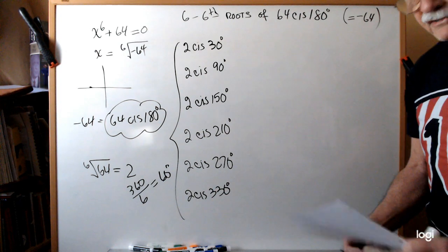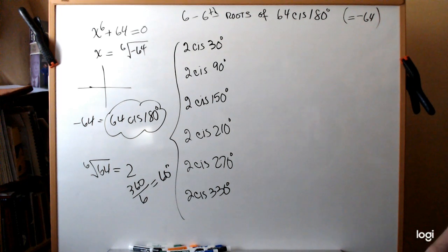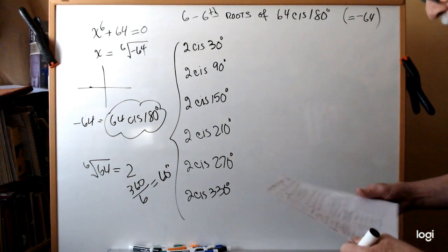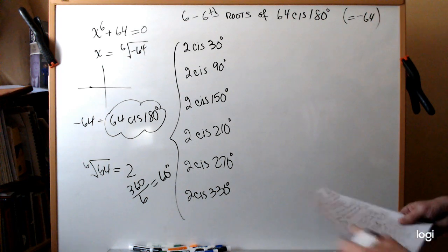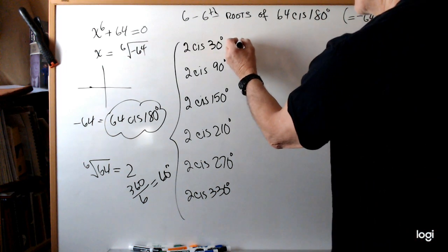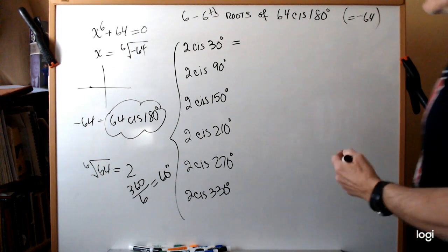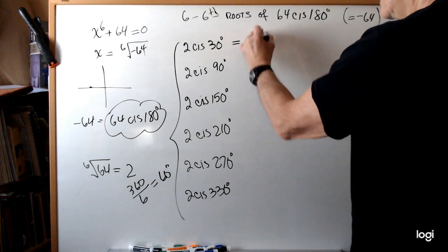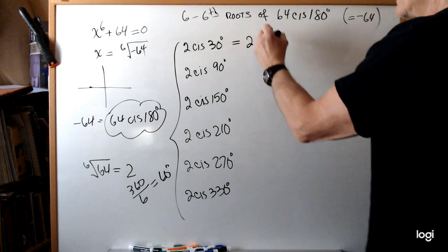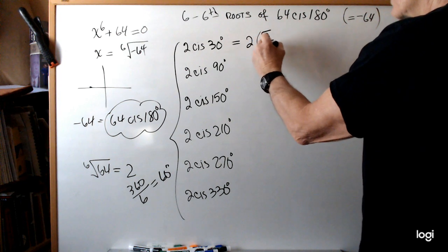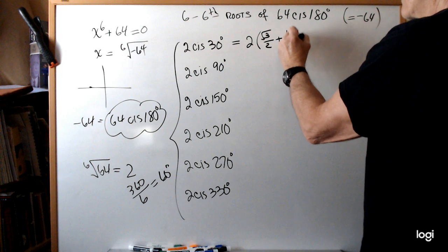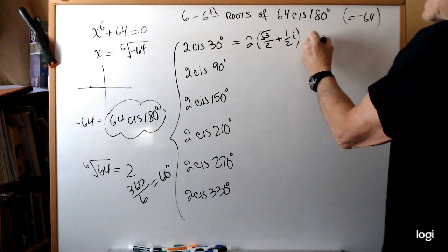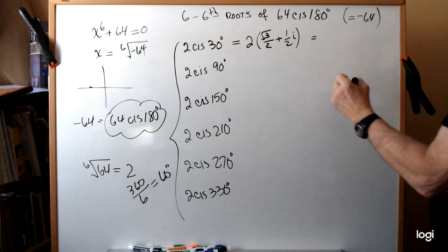And all we're going to do now is some arithmetic on them, and we're going to try to change them into a plus bi form. Okay, so you've done this enough times, you should be fairly good at it. Cosine 30 is rad 3 over 2. Sine of 30 is 1/2. You multiply that out, you get rad 3 plus i.